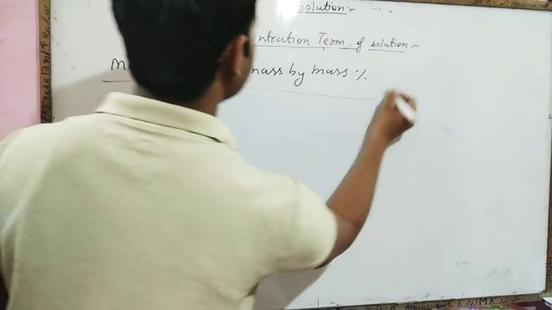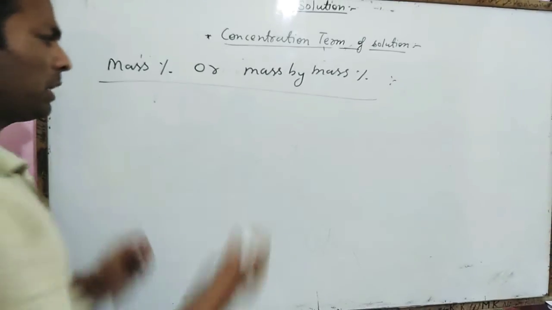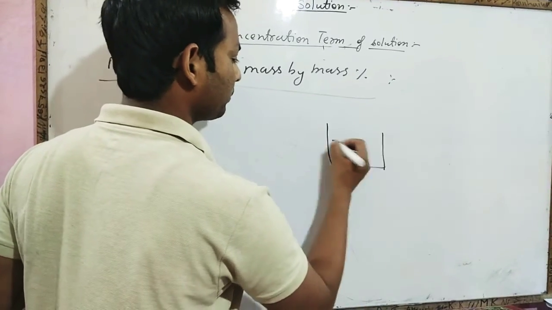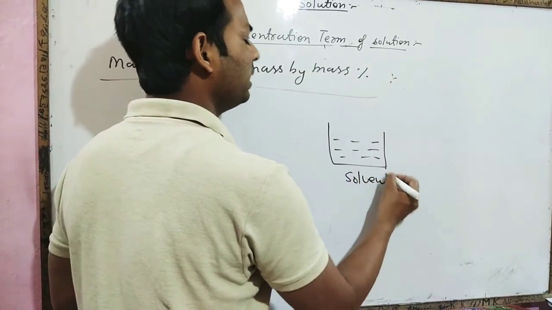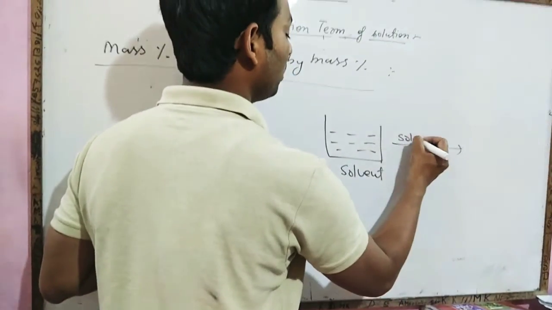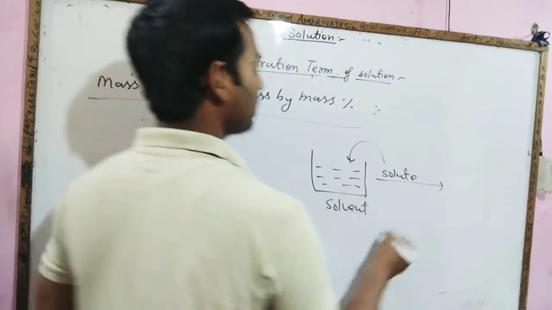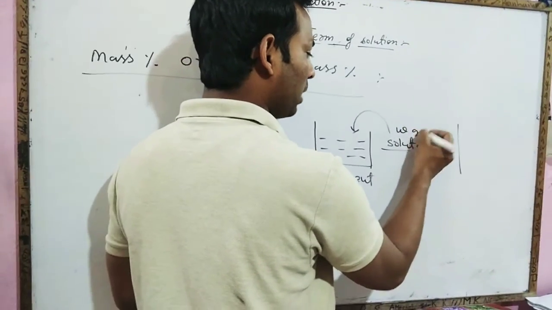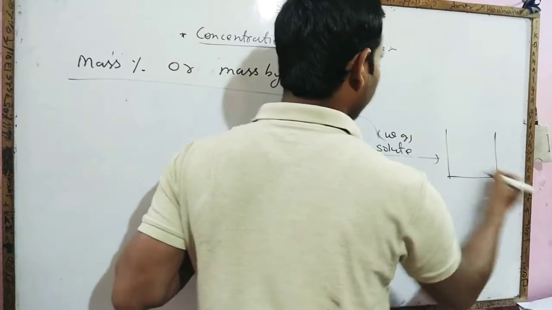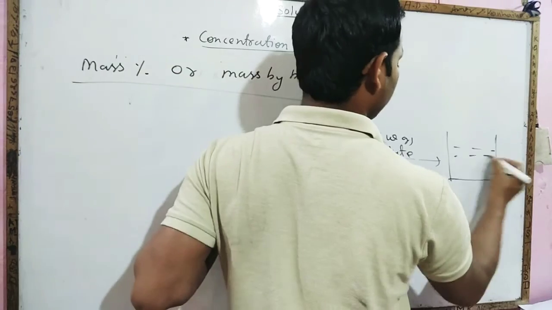Suppose I am taking a solvent, a pure solvent, any water or anything. I am going to add solute. After adding the solute, let us consider the amount of solute is W gram. After adding the solute, we get solution.